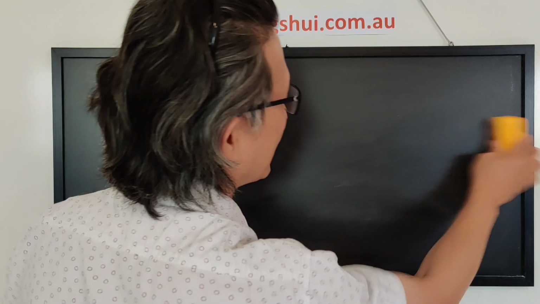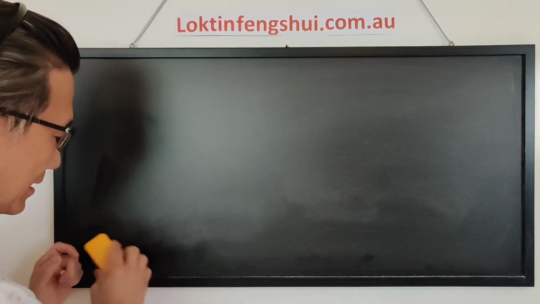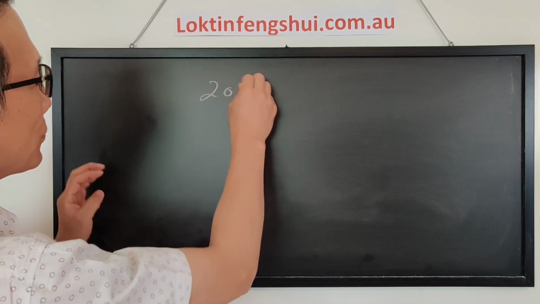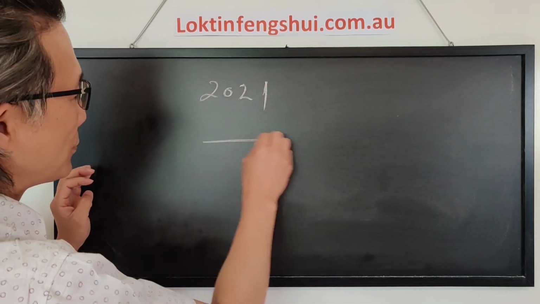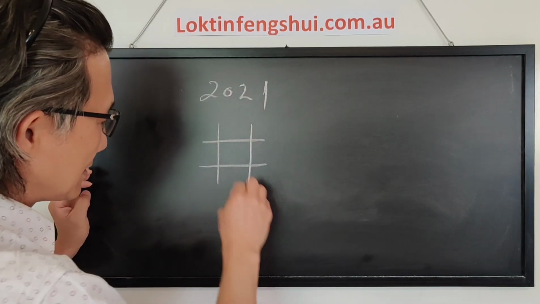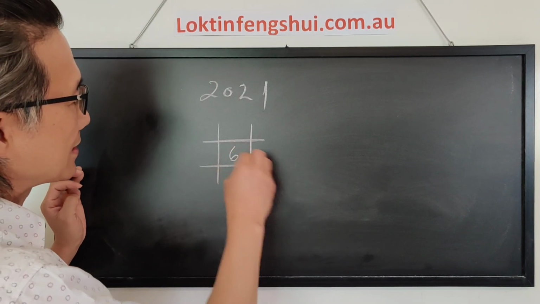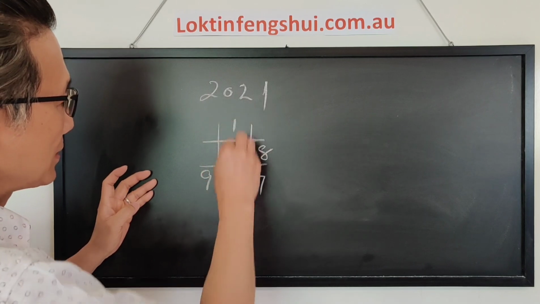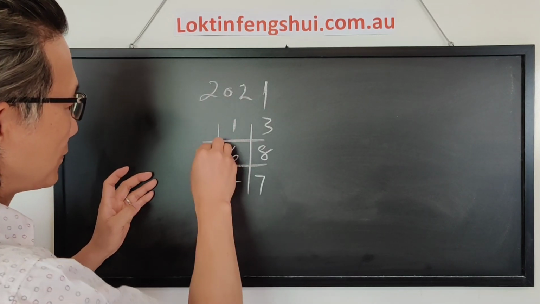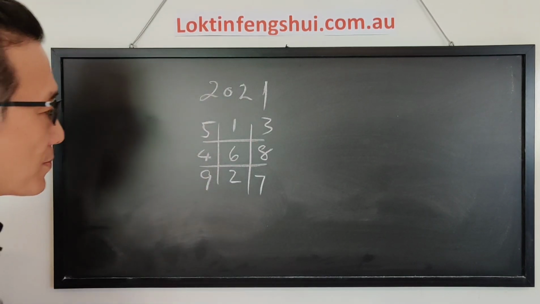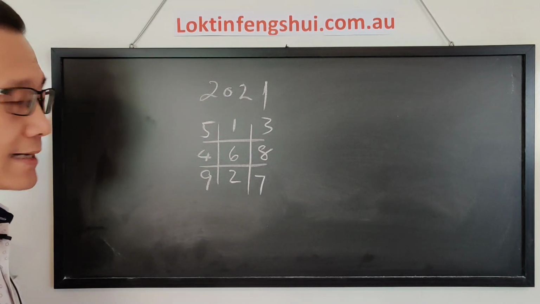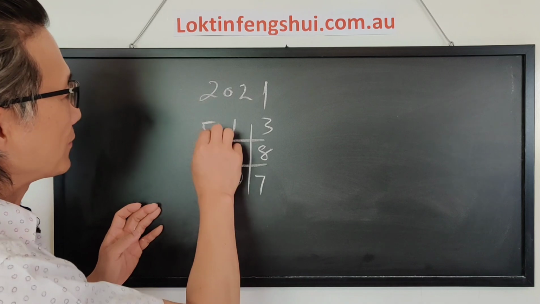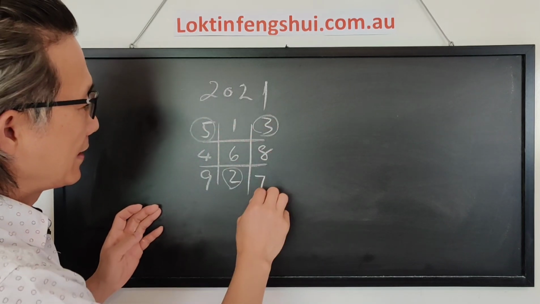Let's look at the annual star. For the yearly star here, 2021, we know the center star is number 6. So that's 7, 8, 9, 1, 2, 3, 4, 5. Remember that each year we have to look at a few stars, which are number 2, number 5, number 3, and 7.